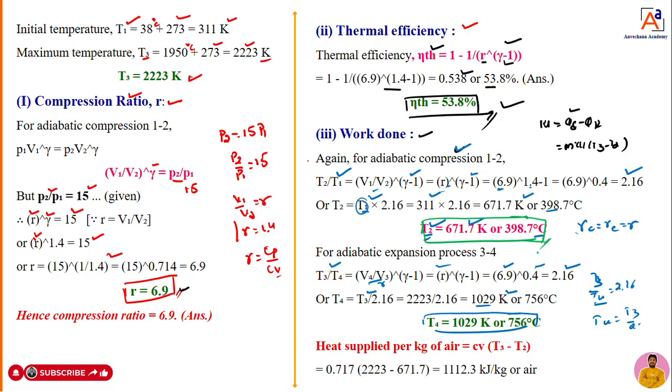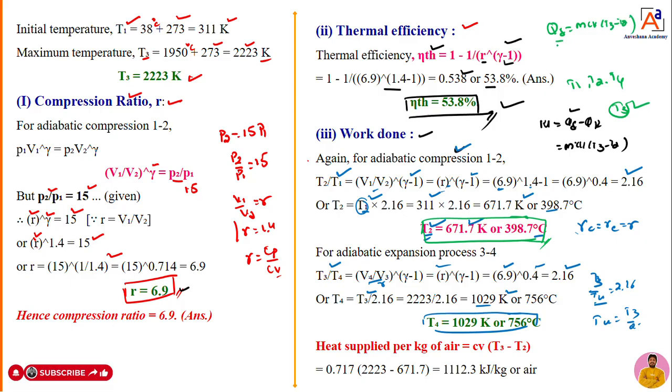Now you have calculated T2 and T4. To calculate the work done, two more are required. T1 is given, T2 you have calculated, and you calculated T4, but you don't know the value of T3. How to calculate T3? The heat supplied Qs is m Cv into T3 minus T2.